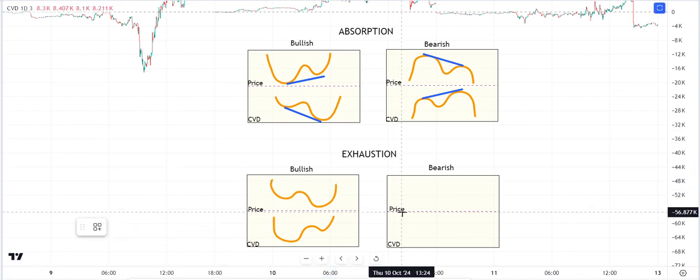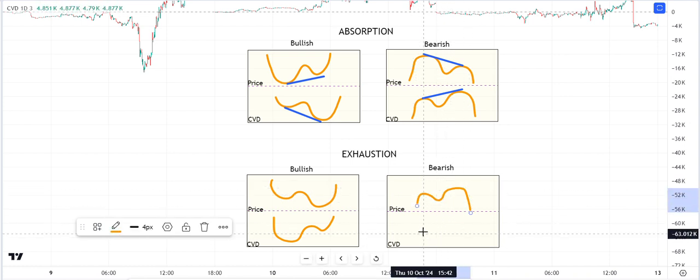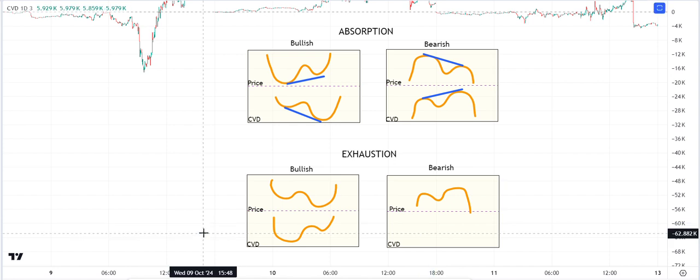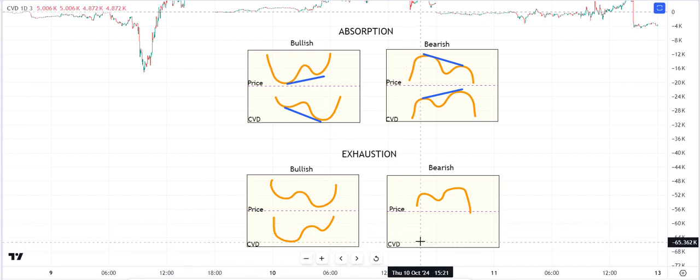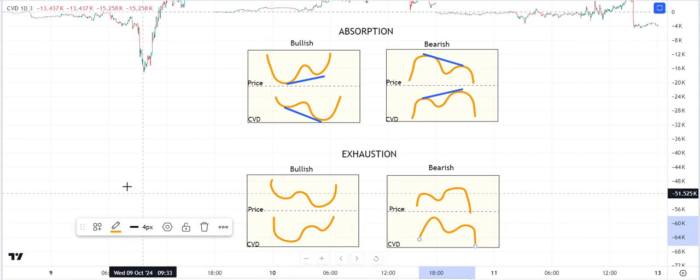Back to my brush. And then for bearish moves, you'd see higher highs on price with lower highs on the CVD.